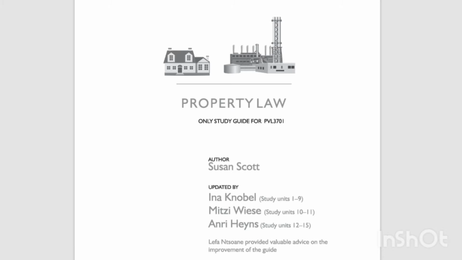The registration of a servitude serves as notice to the world at large of the existence of the limited real right. However, someone who acquires ownership of the servient tenement, knowing that there is an unregistered servitude agreement in respect of that land, is bound to respect the existence of the servitude agreement. In terms of the doctrine of notice, such new owner who has knowledge of the servitude agreement is bound to register the servitude.